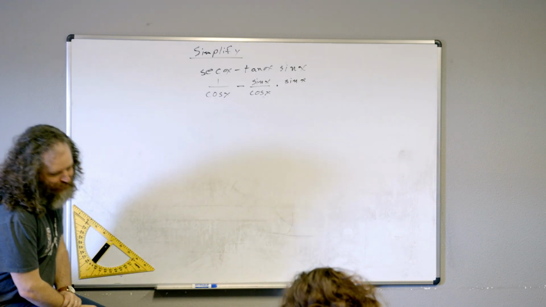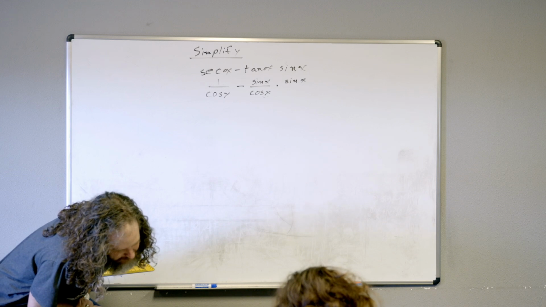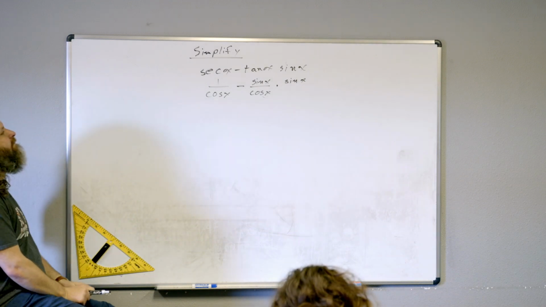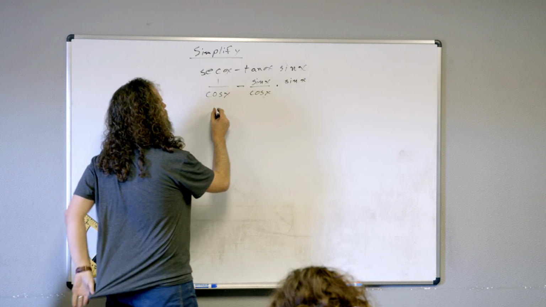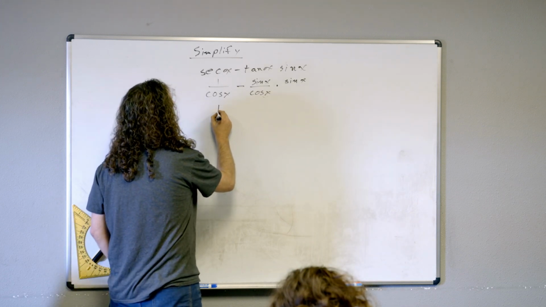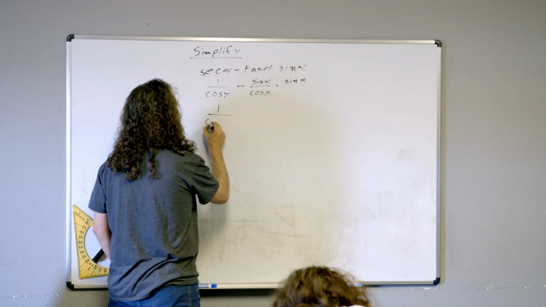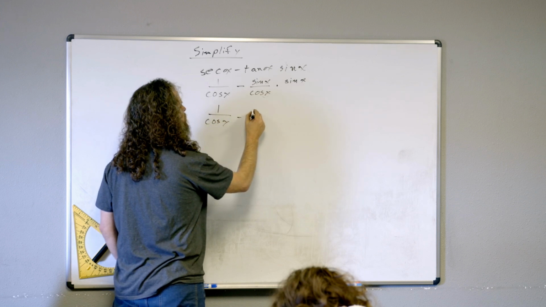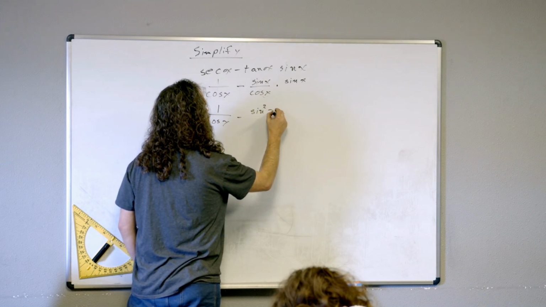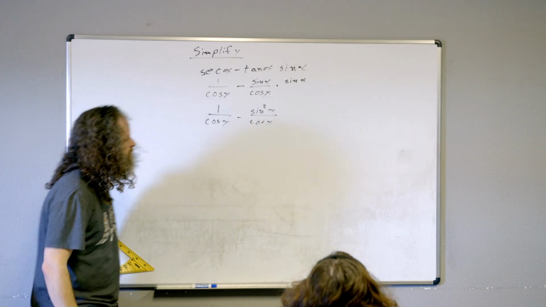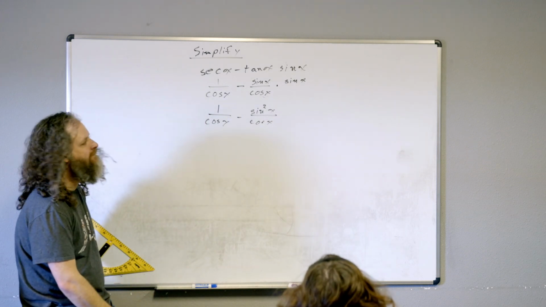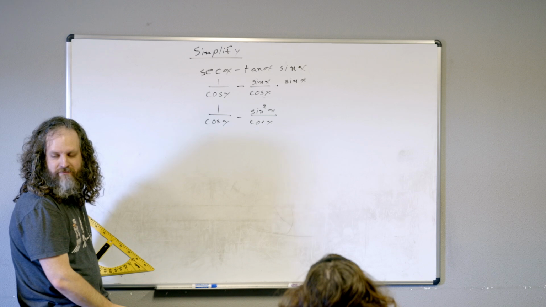Well, we have to multiply first. Would anything cancel out? Not yet. We multiply the sine times the sine over cosine. Sine times sine is sine squared.